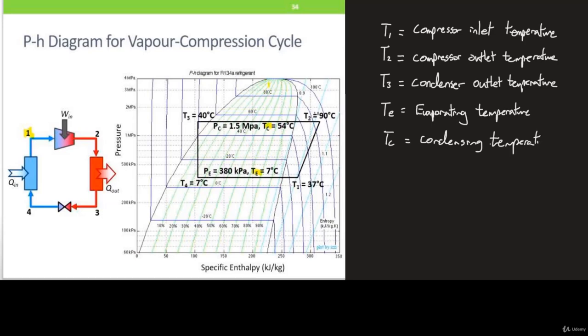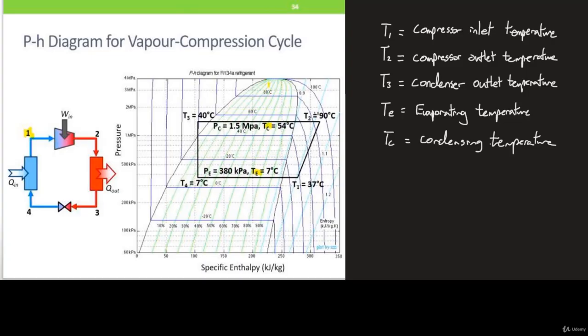As for PE and PC, it's the same thing. PE is evaporating pressure, and PC will be condensing pressure. These are the few terms that you need to know, so that when the question gives you some information in words, you know what it actually represents.